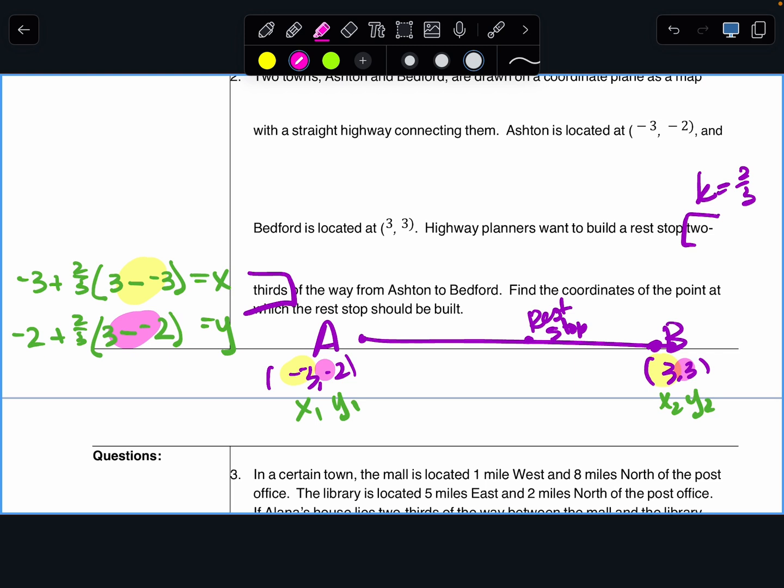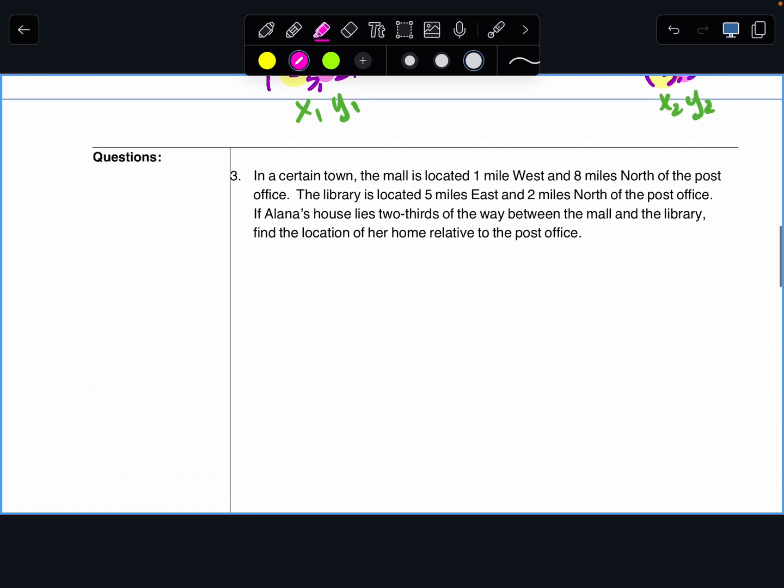The next two require a little bit more thought. They have some weird words. What do you think of when you see west, north, east, and north? Hopefully you think of a compass.